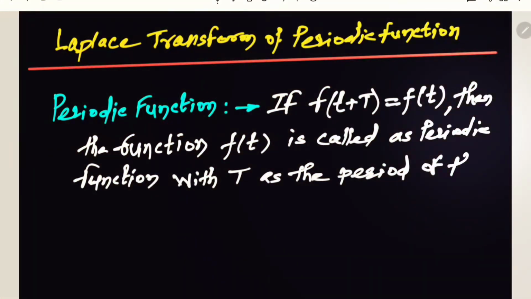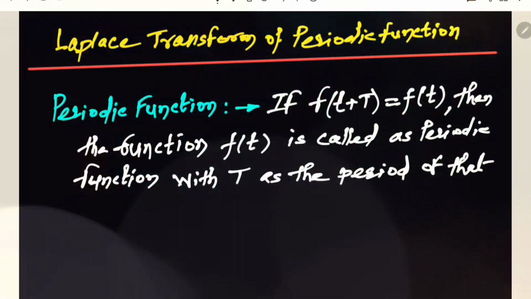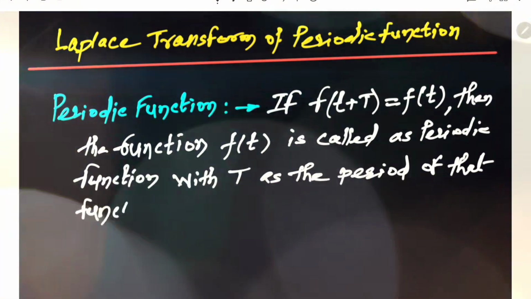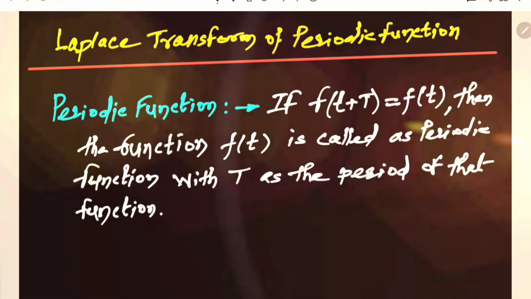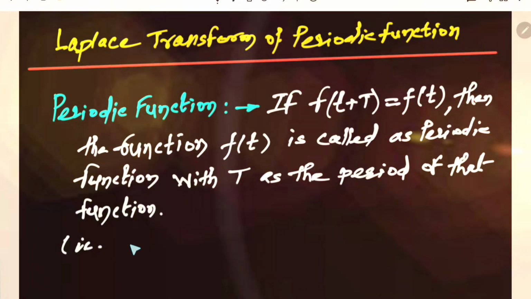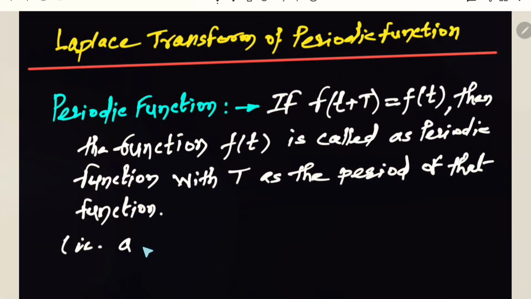Similarly, the cosine function is also a periodic function. Cos of t plus 2 pi is equal to cos t. Sine and cos are the two known periodic functions.